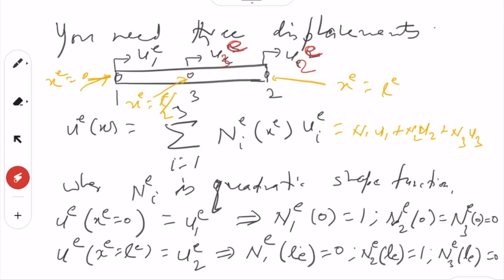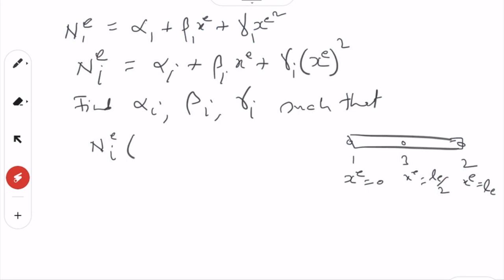They are equal to 1 at one of the points, and at the other points they are 0.